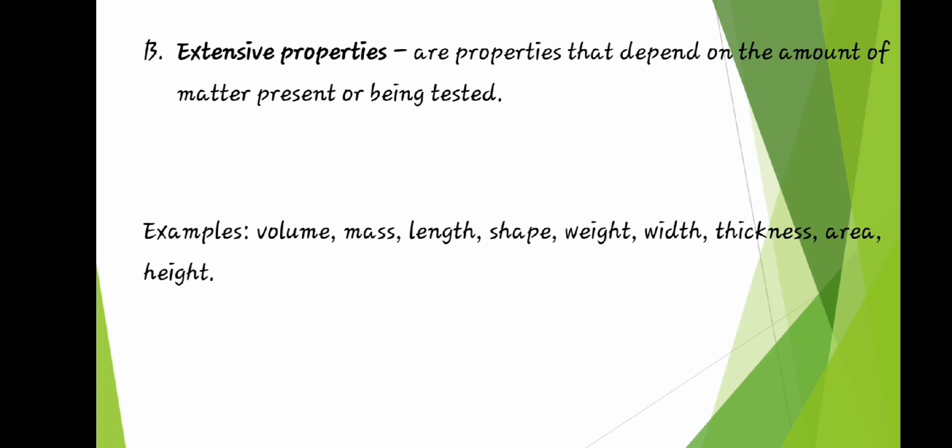So what are the examples of it? Of course, volume, mass, length, shape, weight, width, thickness, area, height, or even those SI units included in measurement. So that is extensive property.